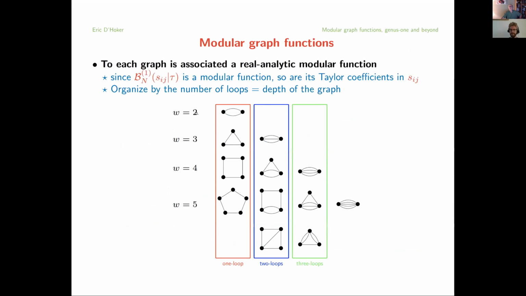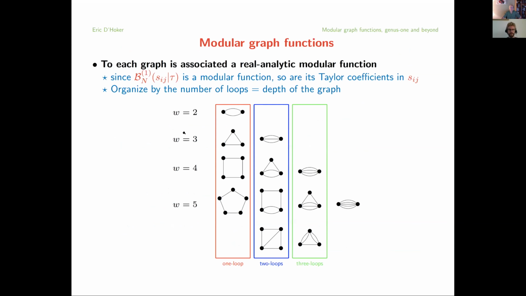So to give you an example, if we do, for example, W equal to 2, there are two Green's functions. There is only one way to arrange those. If you're used to Feynman diagrams as a physicist, we would say that these Feynman diagrams all have 0 external momentum. So they're really vacuum graphs. And if you go to W equal to 3, then there are 2 graphs. For W equal to 4, there are 4 graphs.